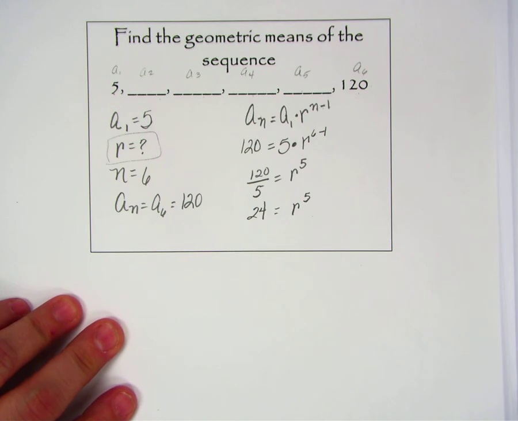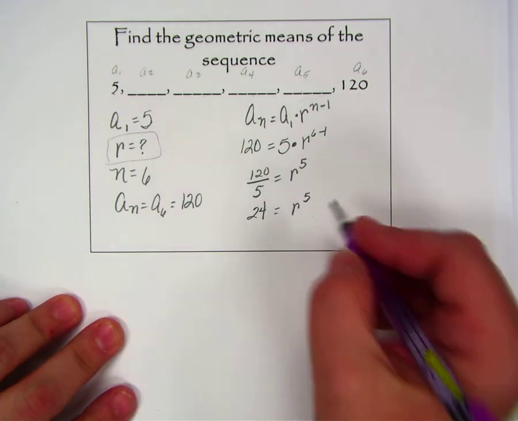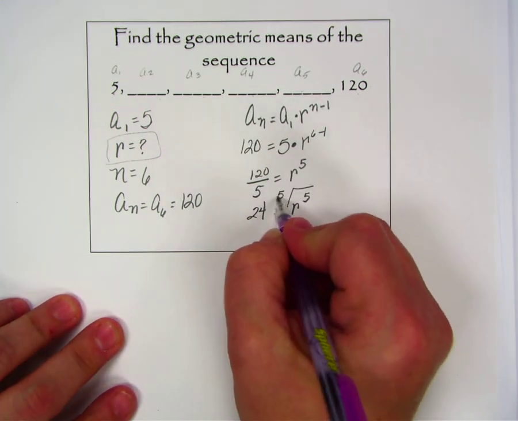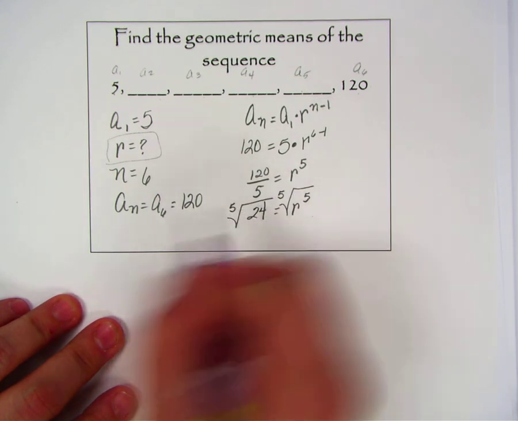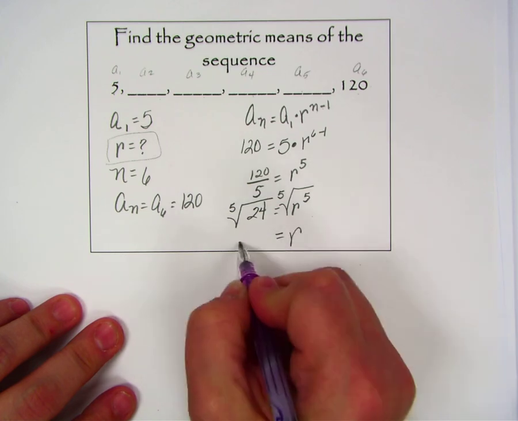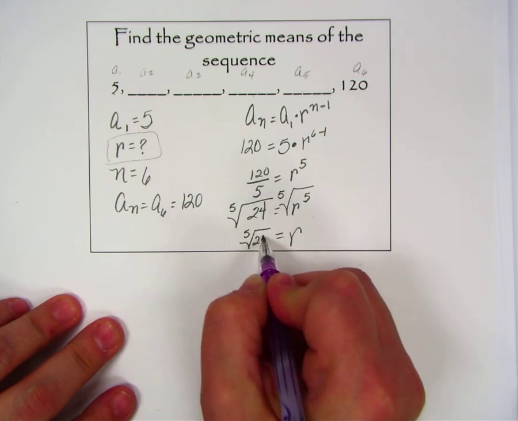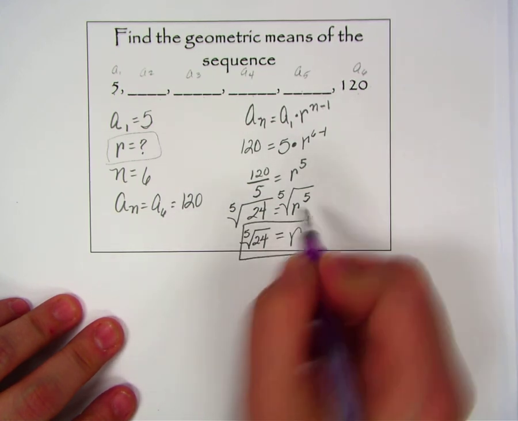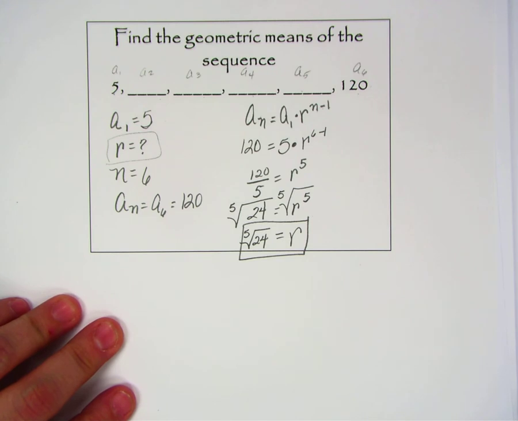So how can I get r to the 5th power to be r? Perfect. 5th root. So r is the 5th root of 24. That's my common ratio. Correct. Kind of weird, ain't it? 24 is not a perfect fifth. It doesn't contain a perfect fifth other than 1, so I have the 5th root of 24 to deal with.